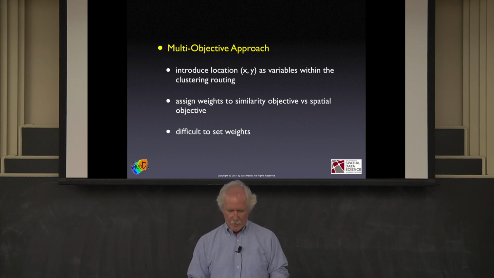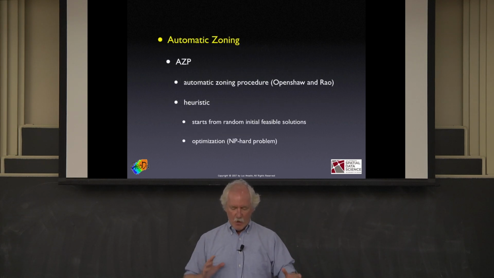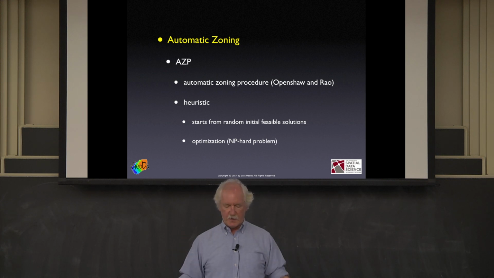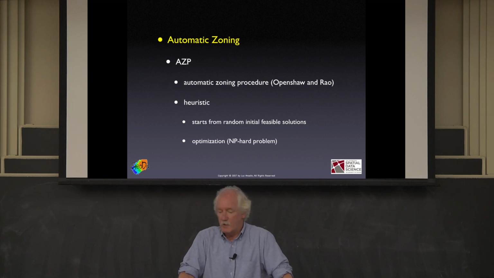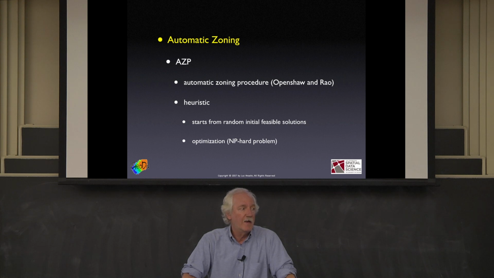Right. So then other approaches are heuristics, and one has been around for a while. It's called AZP, Automatic Zoning Procedure, and it's basically trial and error. So you start with an initial solution that is feasible.